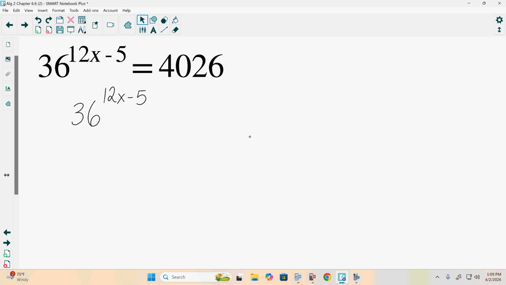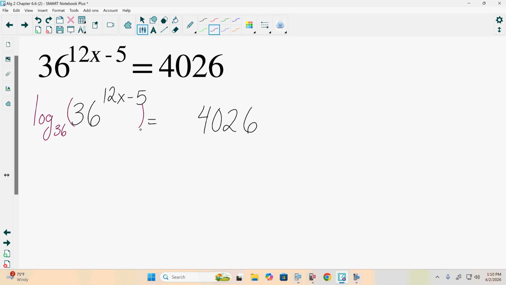Now, since there's one term on either side, we can go on and apply our logarithm to both sides.